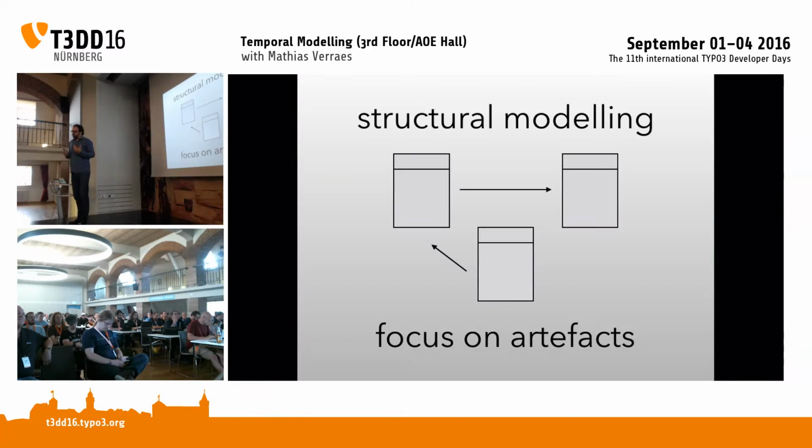So we tend to over-focus, as I said, on structural modeling. We look for things. Maybe you've applied this. This is probably one of the things you learned in school about object-oriented programming, a heuristic called find the nouns. Which tells, just look for the nouns and turn those into objects in your system. There's nothing wrong with that, but it's a very incomplete way of looking at this system.